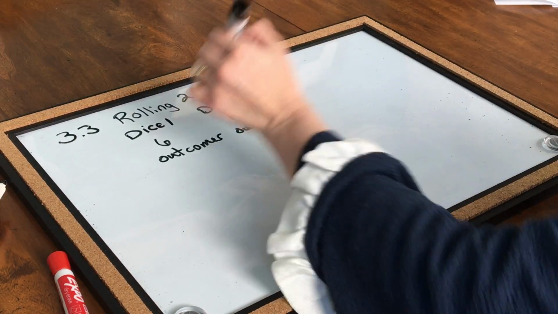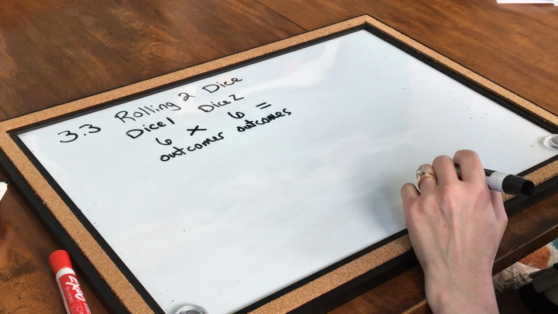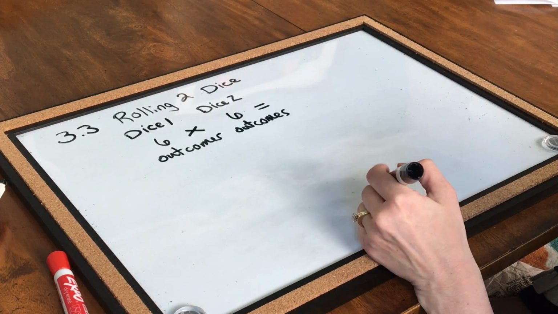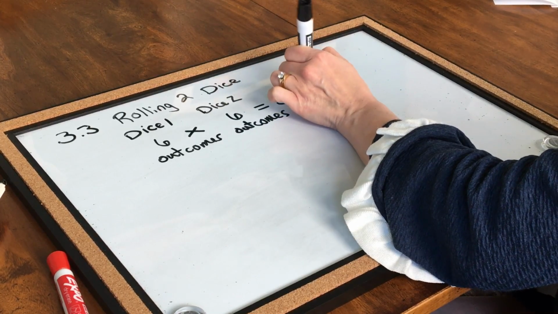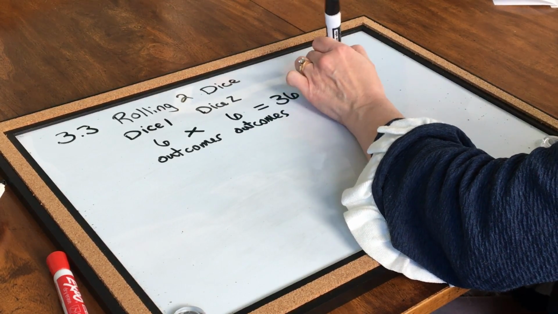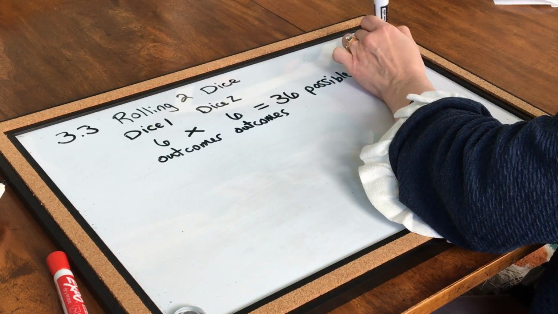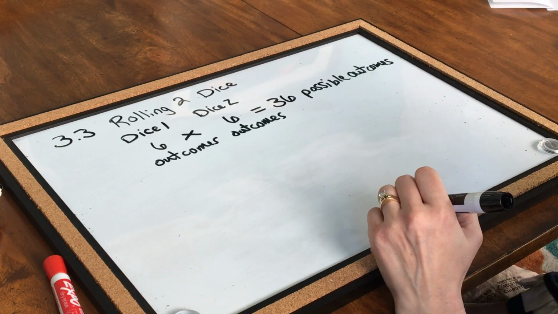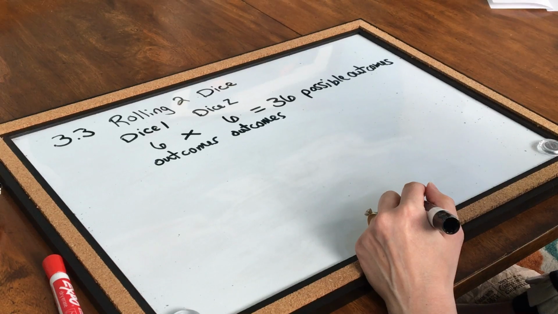So we can multiply those together to find the total number of outcomes. The total number of rolling outcomes for 2 dice is that there are 36 possible outcomes. So we can have 36 possibilities for ways that we can roll the dice, okay?